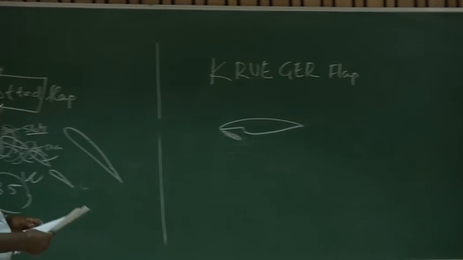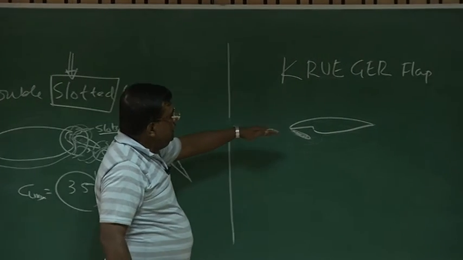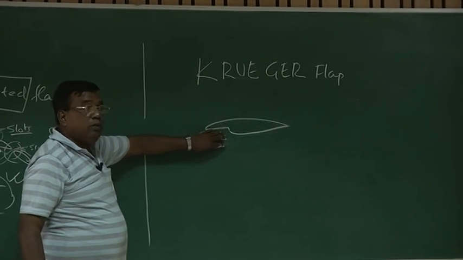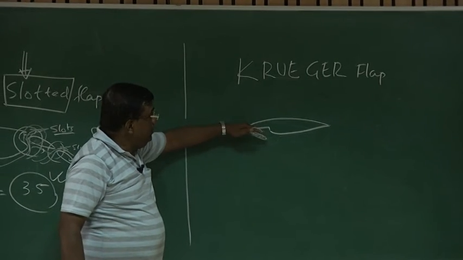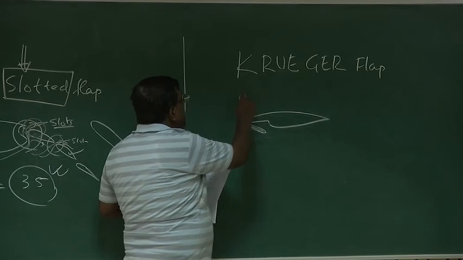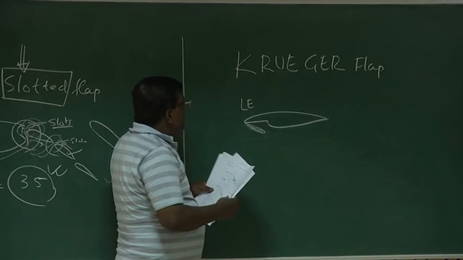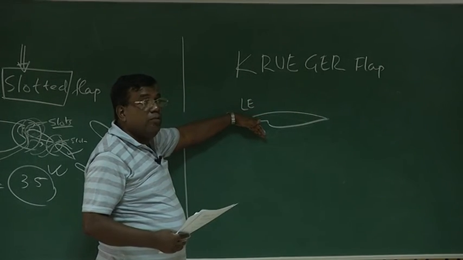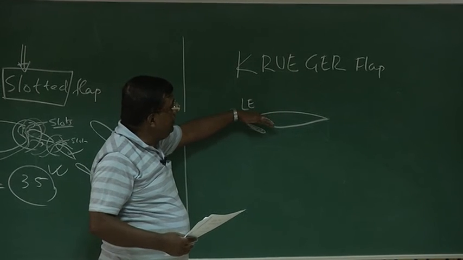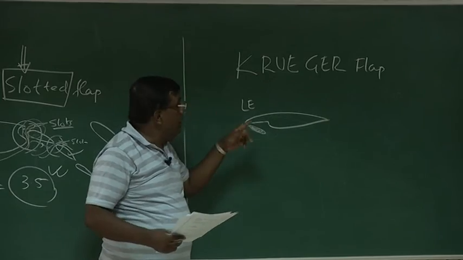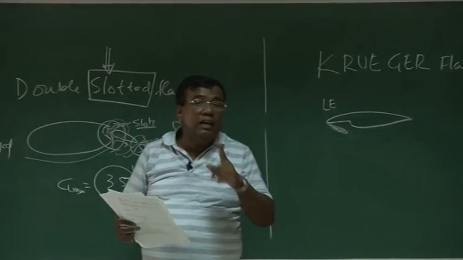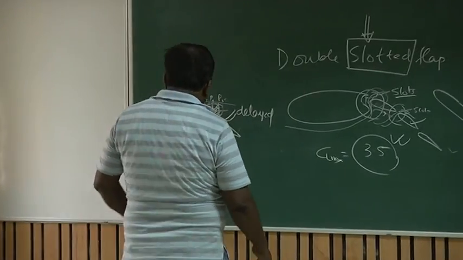Please understand, this portion will be inside the wing, but it's not a part of the wing. So it is the leading edge. It will come out and change the camber, and you will get lift, and when it is airborne, this will go inside. However, this will not become part of the wing. That's more important.